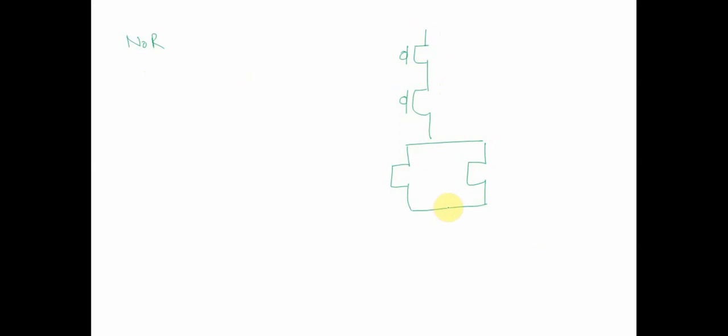Let's assume this is like this. This is output, this is VDD. Let's assume this is A, this is B, this is A, this is B.